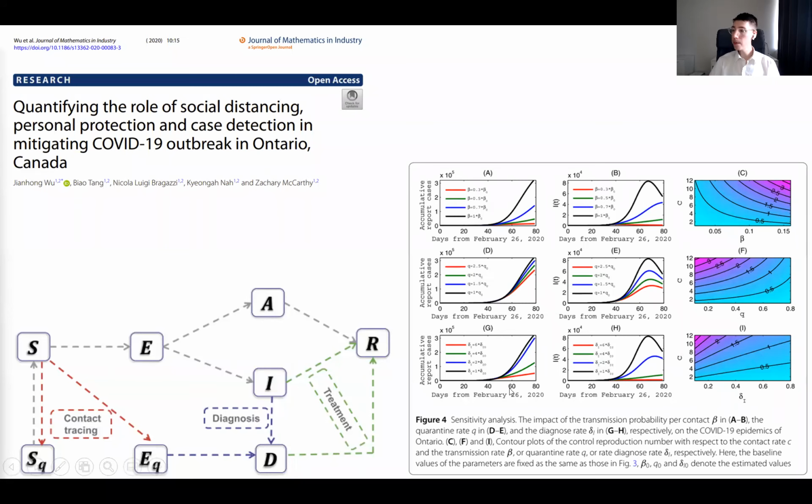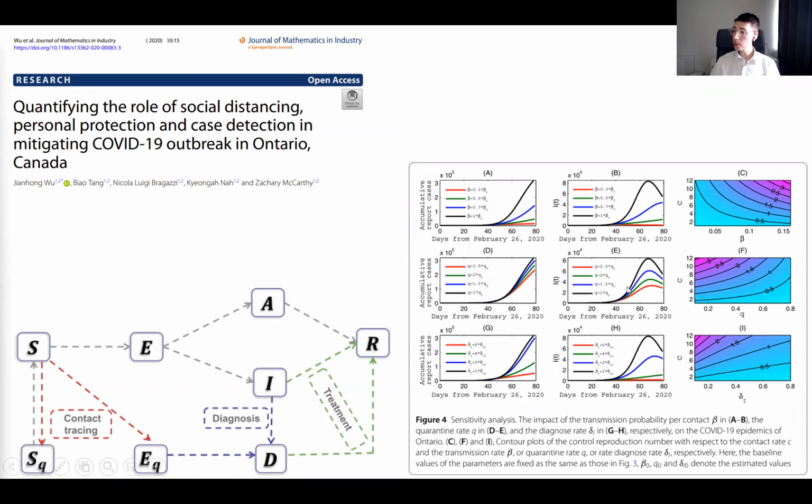In the interest of time, on the bottom right here, I would just like to mention that we show the potential reductions in the peak number of cases and infections that could be achieved with increasing personal protective measures, increasing the fraction of individuals that are traced and isolated before entering their infectious period, and also increasing the proportion of individuals that are detected, in other words, diagnosed and isolated.